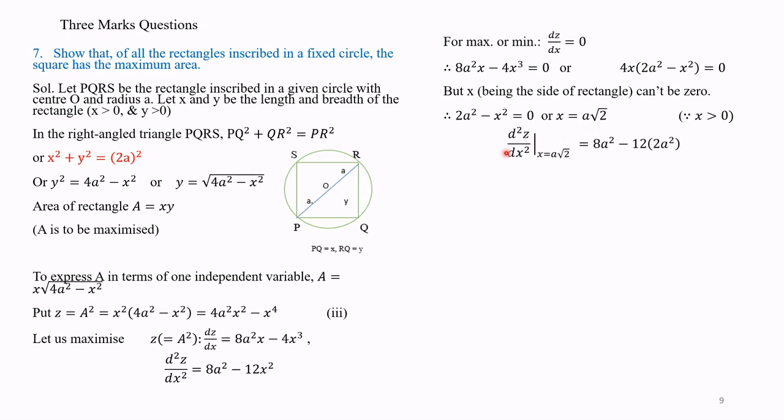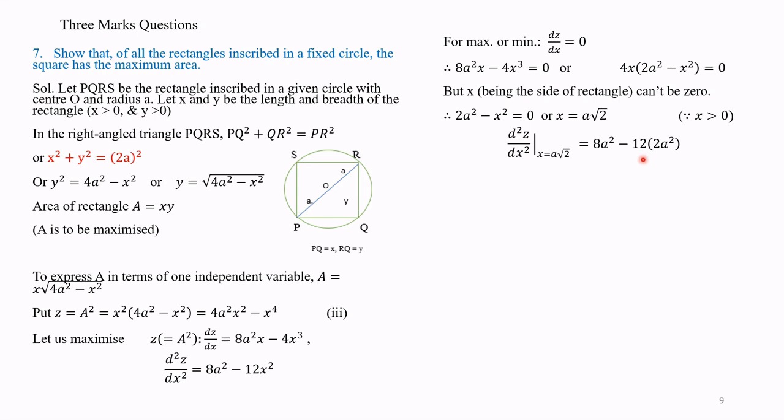Therefore, d squared z by dx squared at x is equal to a root 2 is given by, you substitute x is equal to a root 2, we get 8a squared minus 12 into x squared, which is a squared into 2, so 2a squared, that is equal to 8a squared minus 12 into 2a squared, that is minus 24a squared.